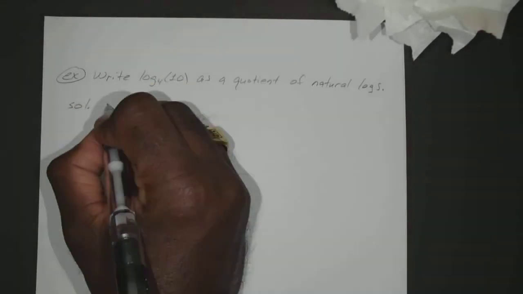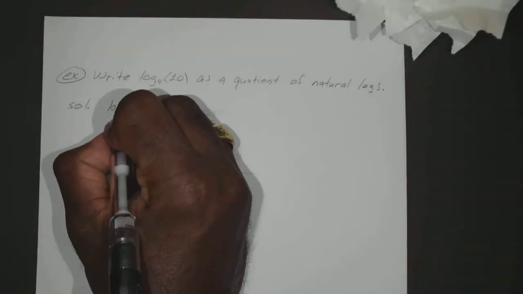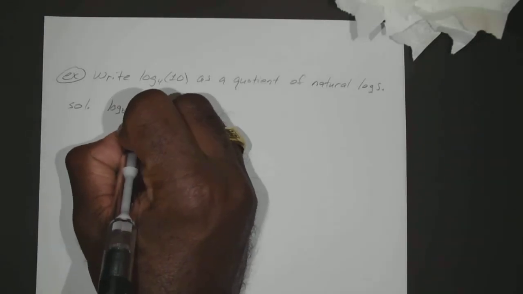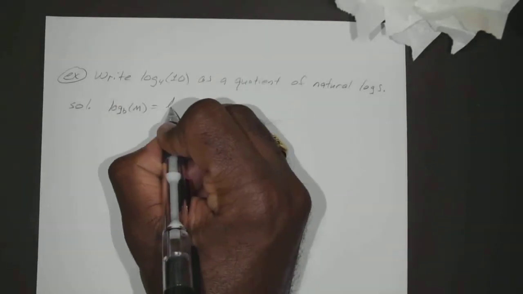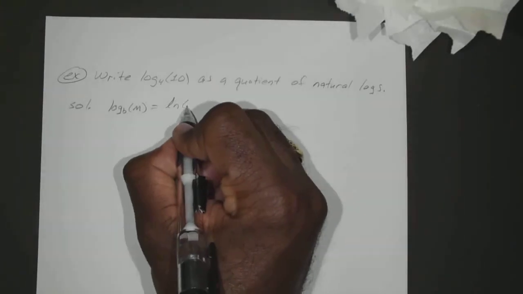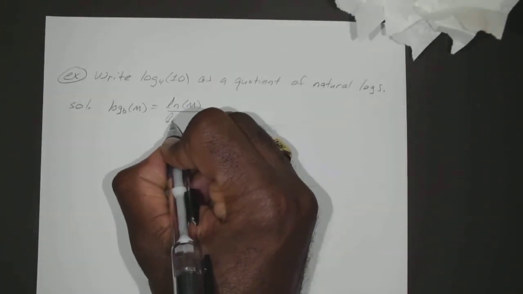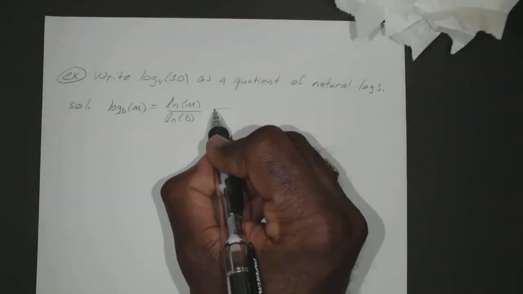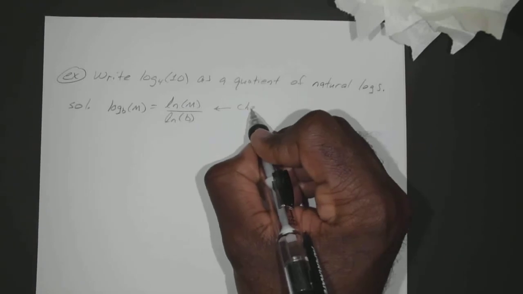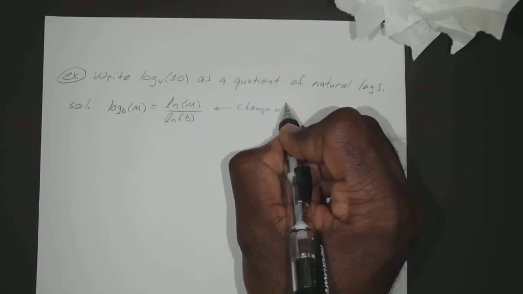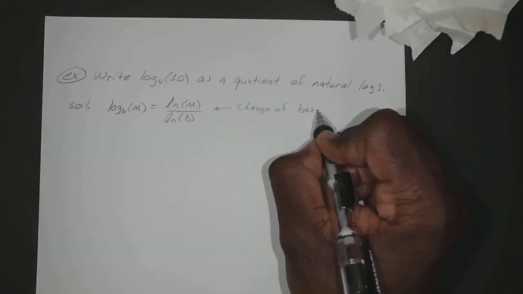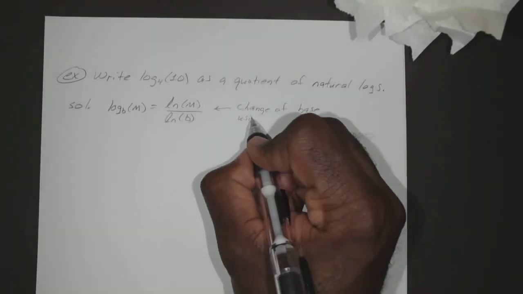Okay, so again, you have log base b of m equals, in this case, it will be natural log of m over natural log of b. Okay, and that's your change of base if we use natural log.